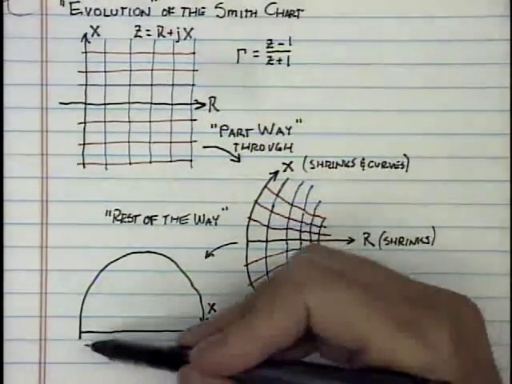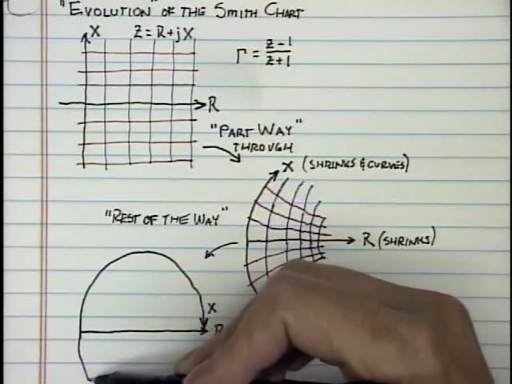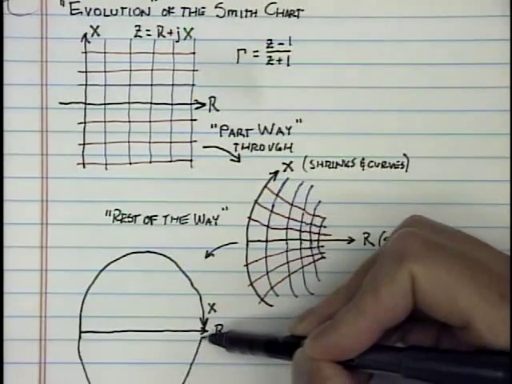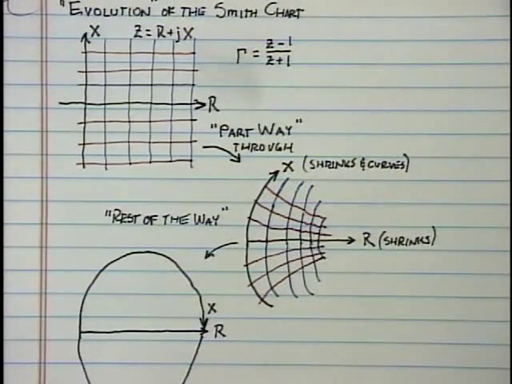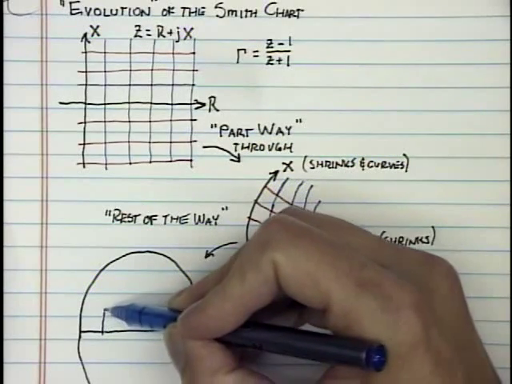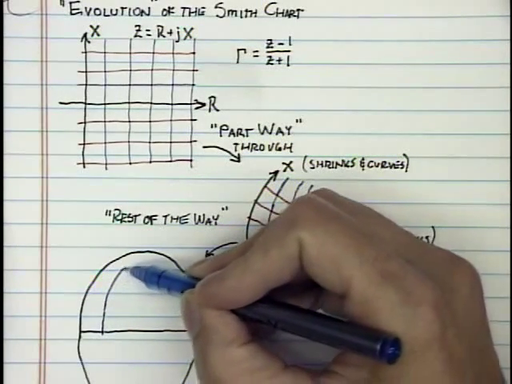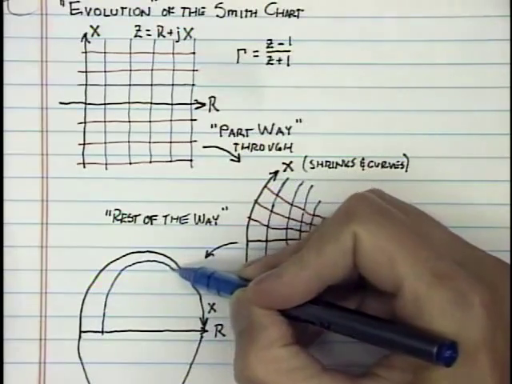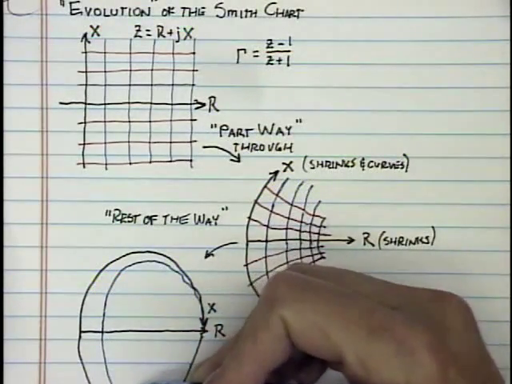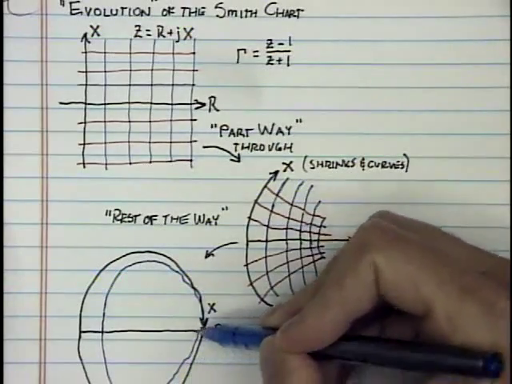At x equals plus infinity, it actually touches the r-axis at infinity, which is shrunk down to unit length. What we're left with is a real bad drawing of a Smith chart, very much distorted here. Sorry about that. My artistic abilities are not the greatest.